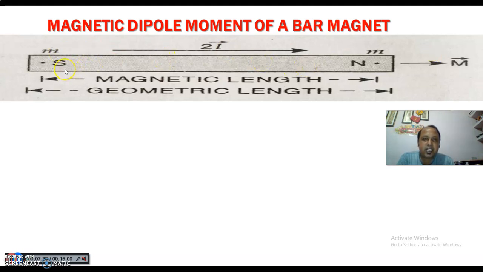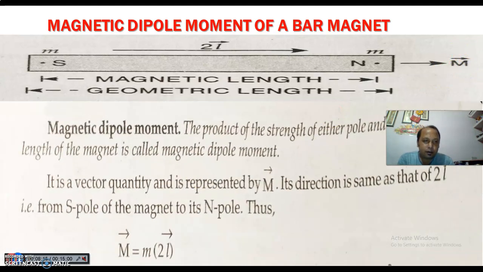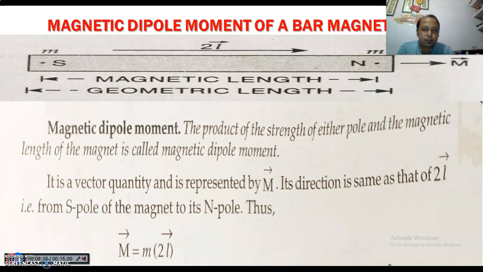Always remember, the magnetic dipole moment of a bar magnet is actually the measure of the force which it will exert on another magnetic dipole brought near it. It is always directed from the south pole to the north pole. So magnetic dipole moment is represented by capital M with a vector sign, which shows that it is a vector quantity, and the direction is always from the south pole to the north pole.